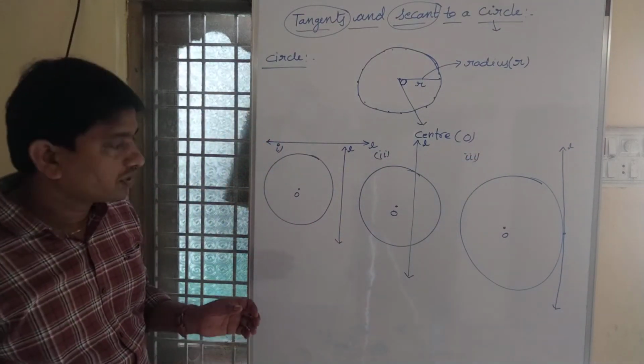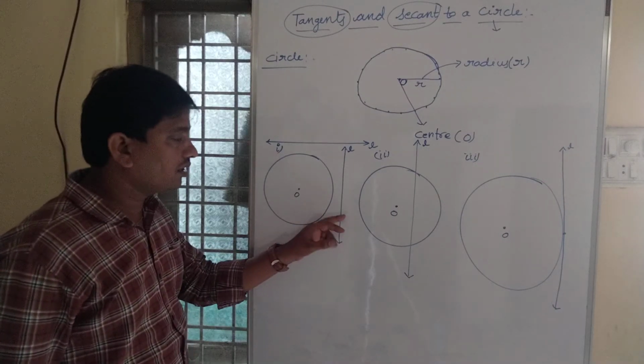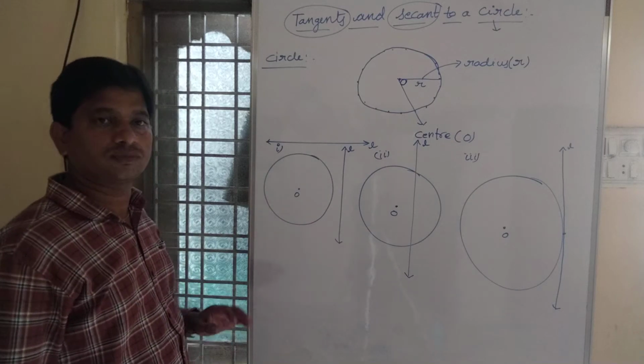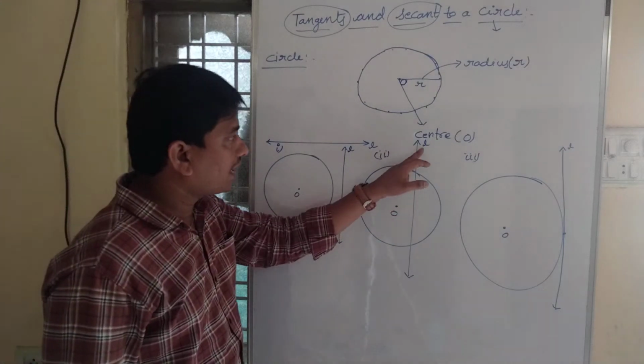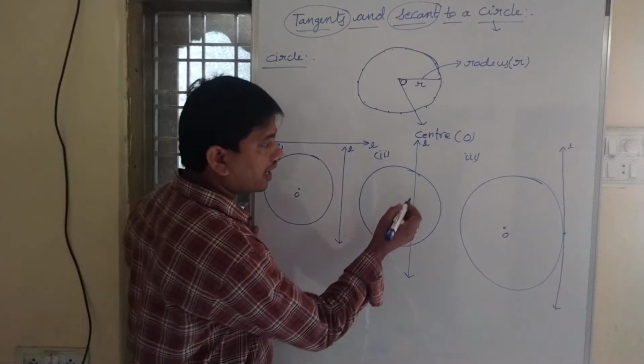If you observe case 1, the circle and the line are not intersecting at any point. Now coming to the second case, line L is intersecting the circle at 2 points.